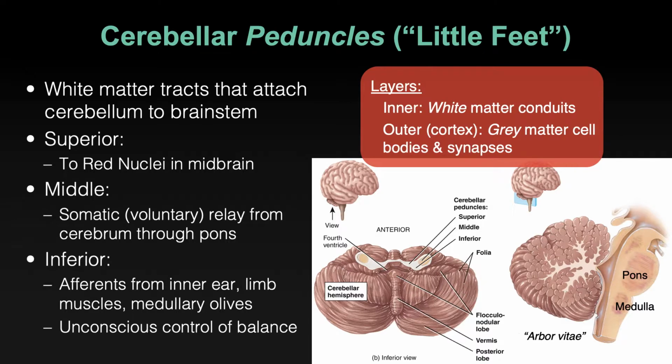Hopefully I wouldn't fall over as frequently in future and I could maintain my balance. Or hopefully I learn how to ride a bike better or slackline or whatever you're into nowadays. This is how you learn and modify that plan. So critically important area for the control and organization of unconscious skeletal muscle movements.